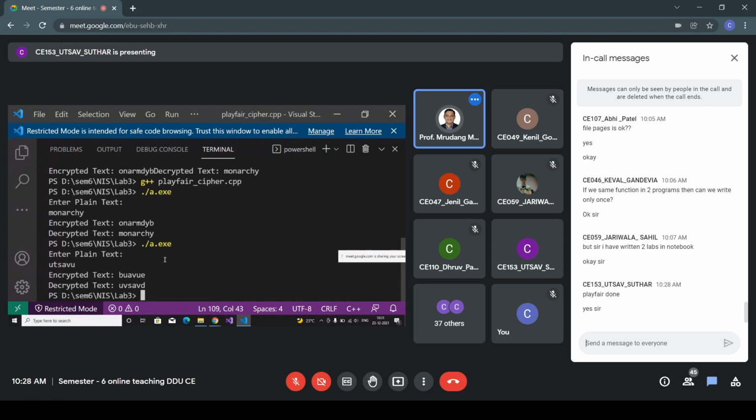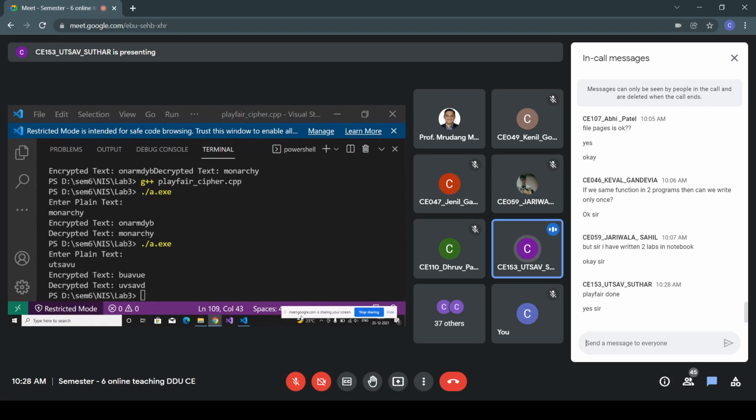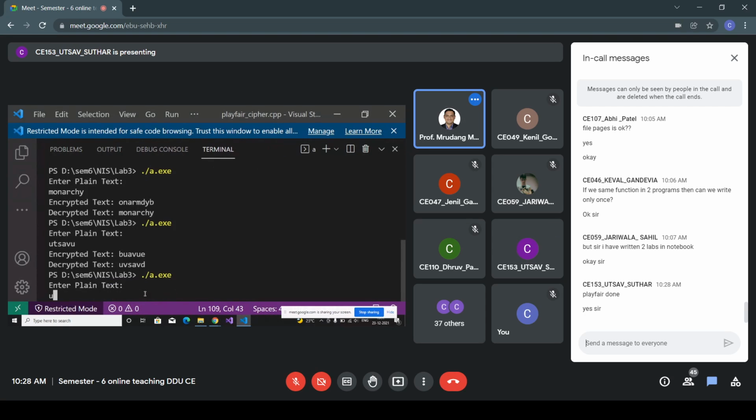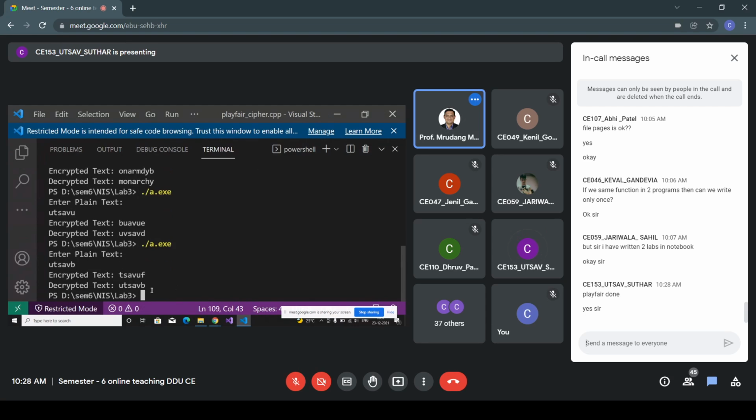Because U comes 2 times, right? That is actually the difficulty. So instead of that, you once again type Utsav, then give B, Utsav B. Okay, sir. Each character is unique, right? Now you have found it. Yes, sir. Okay, so the program is correct.